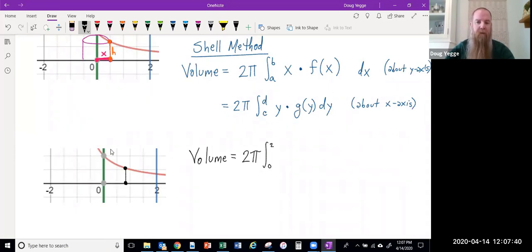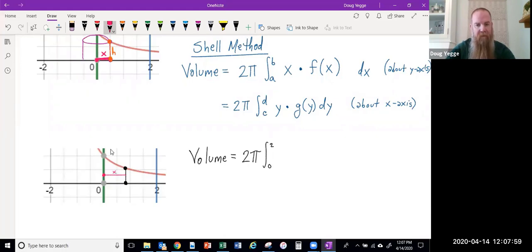Okay. Well, now I know that I need to figure out my radius. Remember that this is going to be my shell right here, right? So my radius is going to extend from the pivot to that rectangle.